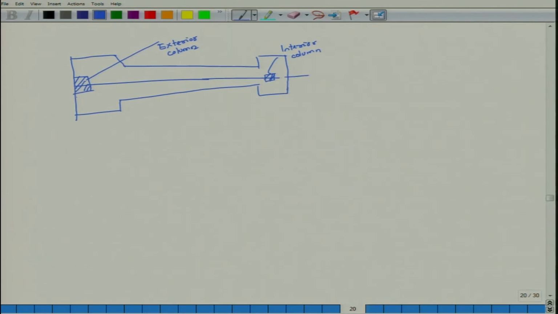This is how your plan looks. This is the interior column, and this is your exterior column. In the exterior column there is hardly any space, so a strap beam has to be connected between these two columns. If I look at it another way around, let me put it in that way.